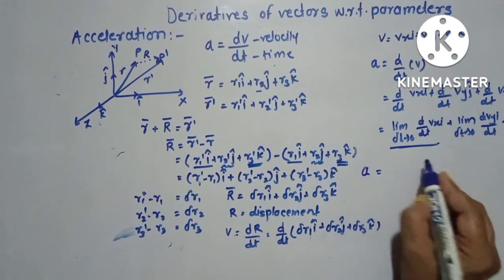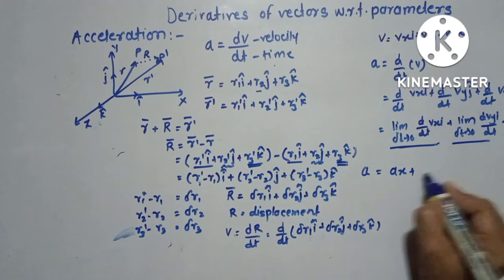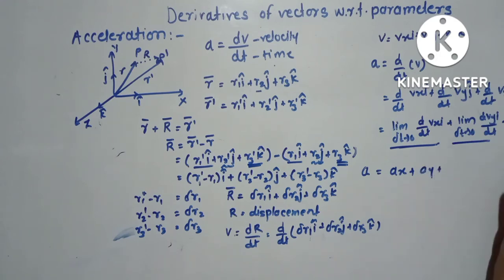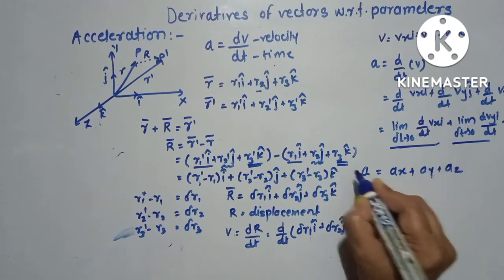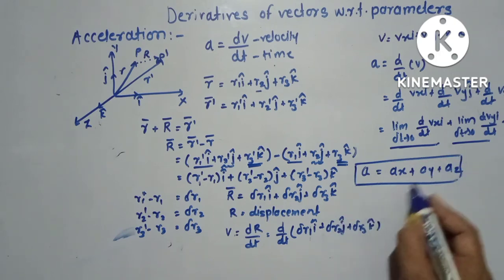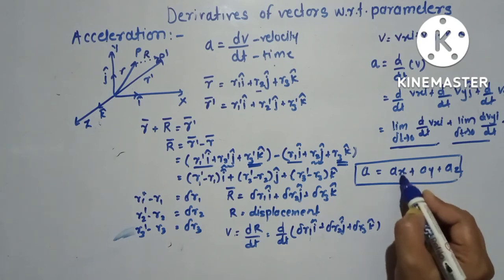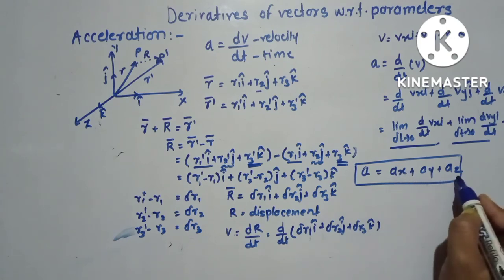It can be written as ax, ay, and az. So the total acceleration is given by the addition of the acceleration along the x-axis, y-axis, and z-axis.